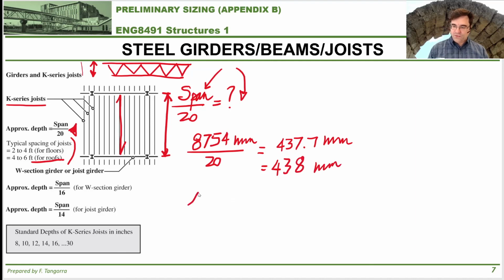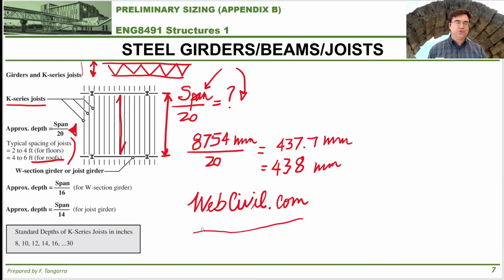And then if Web Civil, the web resource, is not helpful with examples of geometry for open web steel joists, right? This is provided for you either on our web page for structures or in working drawings. You want to do what I recommend in our topic 2 lecture, which is go to the websites for the various suppliers in Canada of open web steel joist and see what they have to offer.